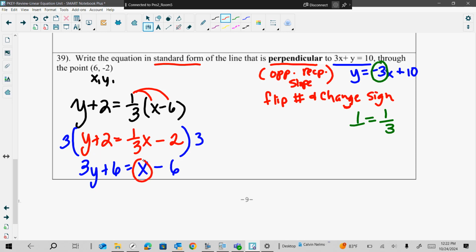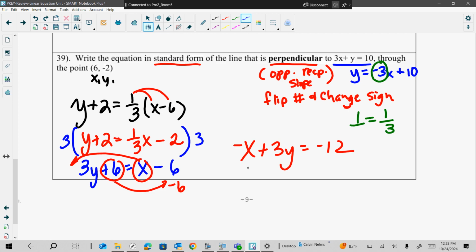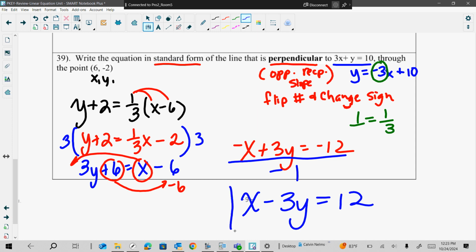I'm going to move the x over, and I'm going to move this -6, a positive 6 over, so it becomes a -6. So negative x plus 3y equals -12. And I don't want it to be negative. You divide by -1. So positive x minus 3y equals a positive 12.